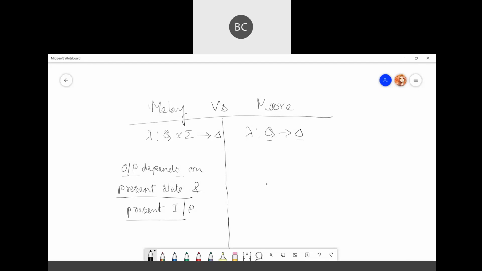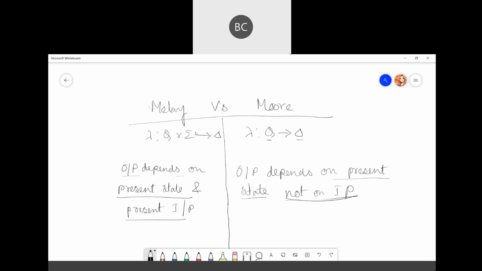But in case of Moore machine, what happens? Output depends on present state only, right? Not on input. It's depending only on the present state.